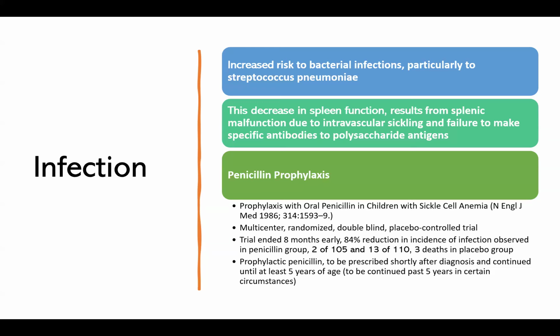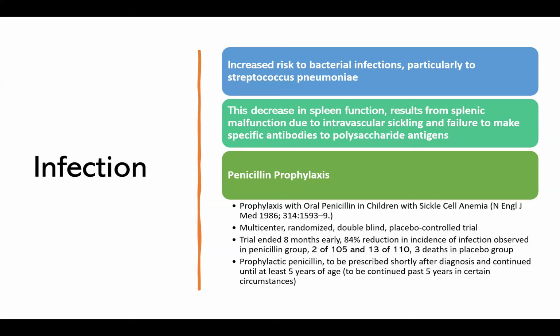So one way we can help reduce the rate of infection in our sickle cell population is by putting them on penicillin prophylactically. Back in the 80s, there was a penicillin study. It was a multi-center randomized double-blind placebo-controlled trial. This study actually ended 8 months early because they saw an 84% reduction in the incidence of infection in the penicillin group.